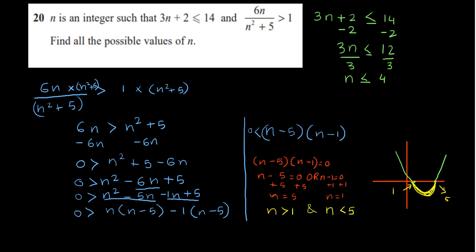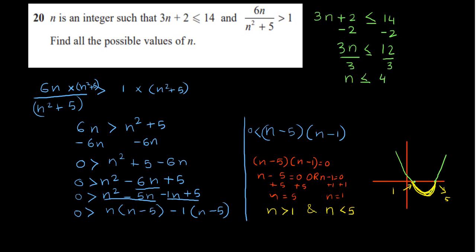So you can write it as two inequalities like this. Now the limitation from the first inequality was n is less than or equal to 4. So n can be equal to 4 or less than 4. Here we have a limitation, n has to be greater than 1, and this limitation is n is less than 5. But the first limitation already restricts n from being 5.